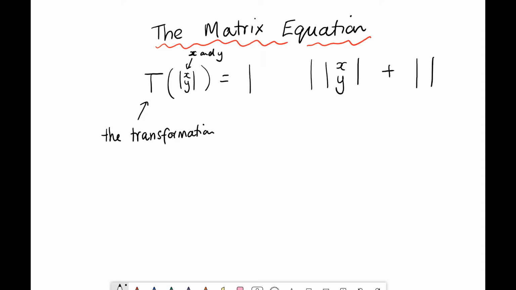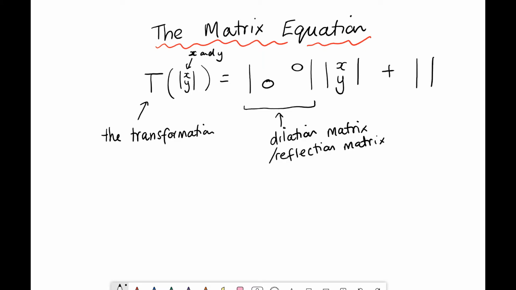Now, the next bracket here, we can think of as our dilation. Now, if this is a dilation matrix, remember that it's also the reflection matrix too. Now for the purpose of this video, we're going to imagine that the leading diagonal is made up of zeros. Now, being the dilation or reflection matrix, you can imagine that we're dealing with A and N. And the good news here is that what we see in the matrix is exactly as we describe it.